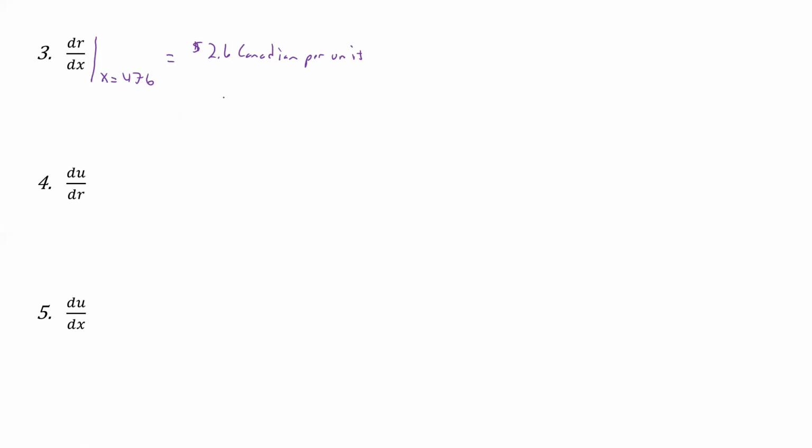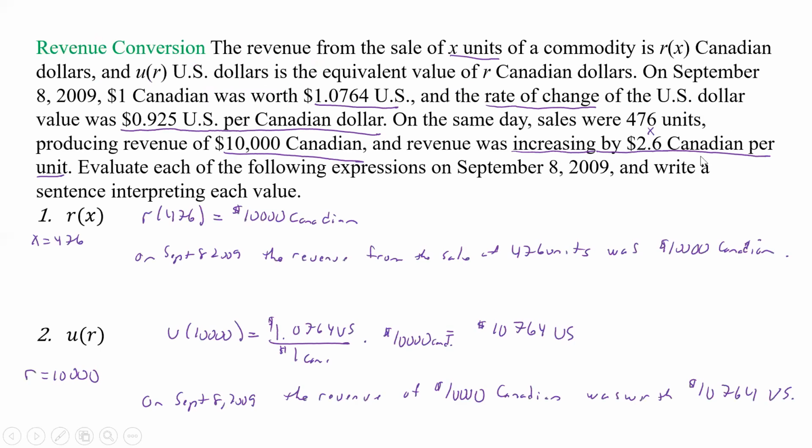So how would we write that? I would say, on September 8th, 2009, and again, we put that every time, the revenue was, now it was positive, so it was increasing by $2.6 Canadian per unit. And it was increasing by that because that was what was given to us in our problem.